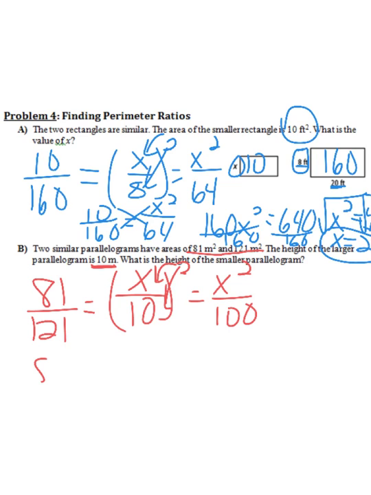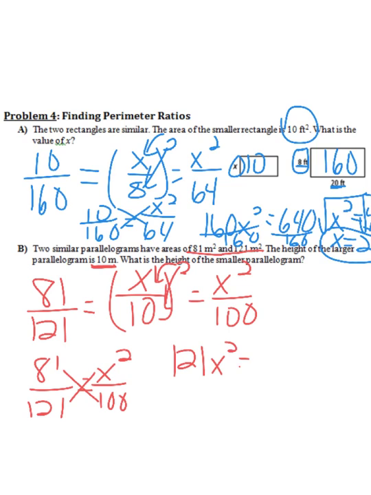So my ratio is going to be 81 over 121 is equal to x squared over 100. Cross multiply will give me 121x squared is equal to 8100. Divide both sides by 121. I'm going to get that x squared is equal to about 67, because I get about 66.9.